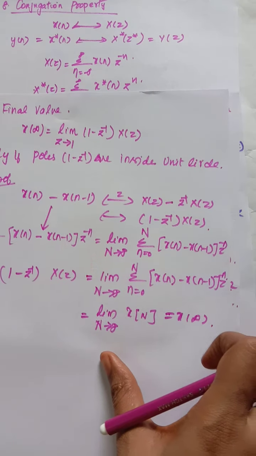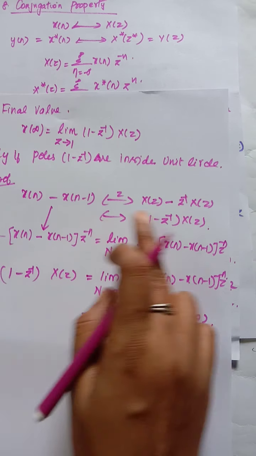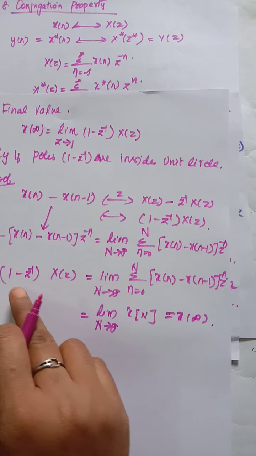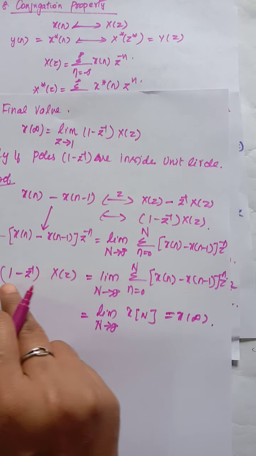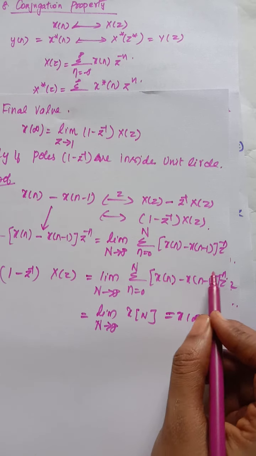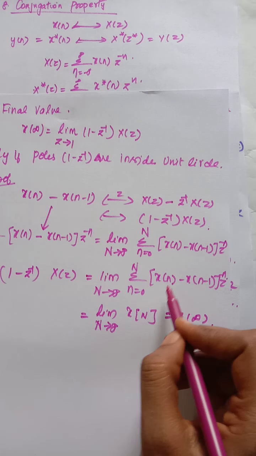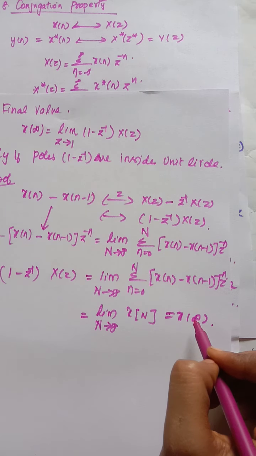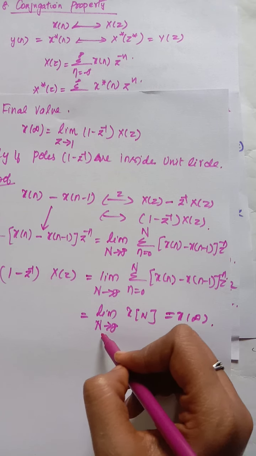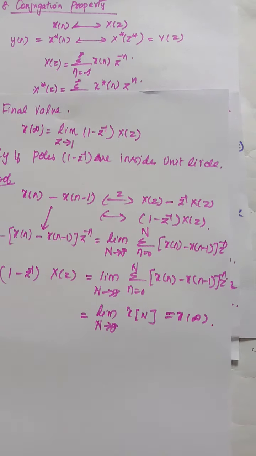Both are the same. I have rewritten only this summation. This is equivalent to 1 minus z inverse into x of z. The x of n term at the limit is x of infinity, so you can write it in this manner also, writing capital N inside and N tends to infinity. So this is the final value theorem.